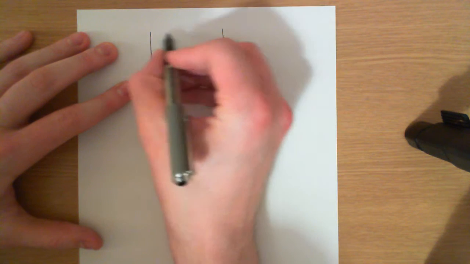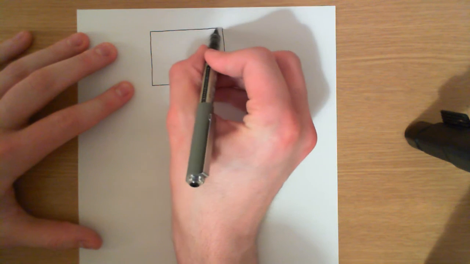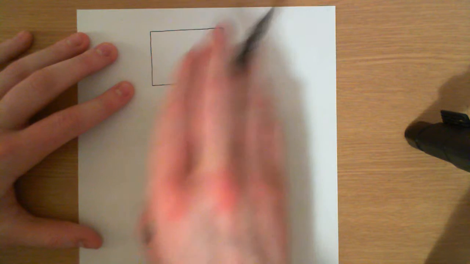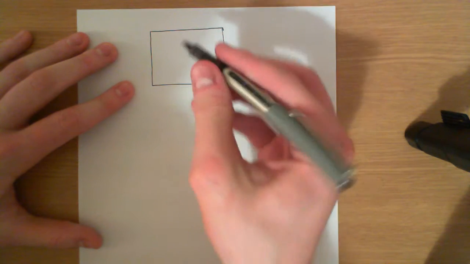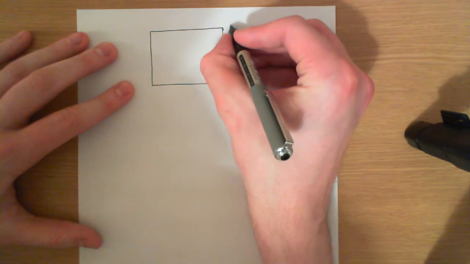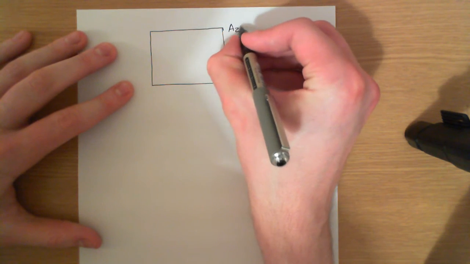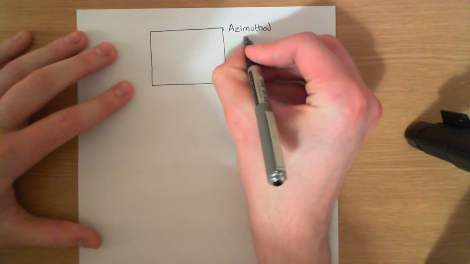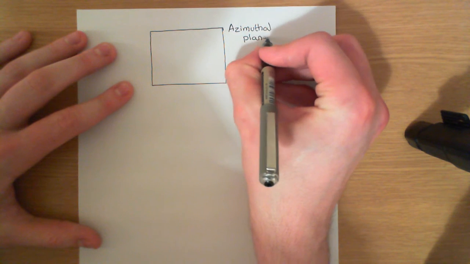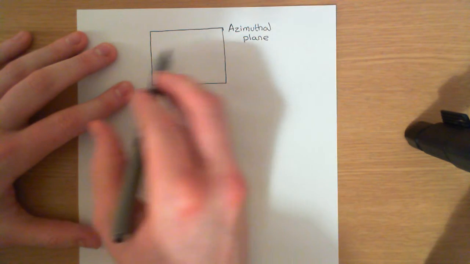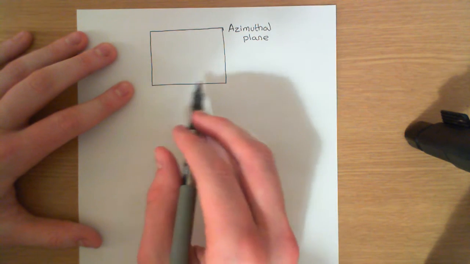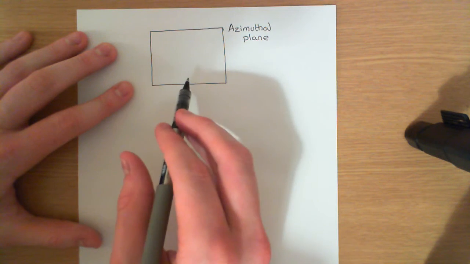So here, this is supposed to represent the plane that a person can exist in, effectively. Okay, and this is known as the azimuthal plane. So you'll often hear people talking about the azimuthal plane when they're discussing the auditory system, and this just means the plane that a person can actually move around in, a plane that auditory stimuli are actually effectively going to exist in.